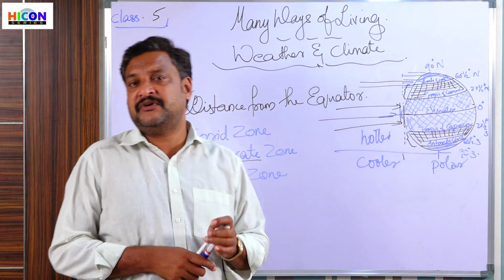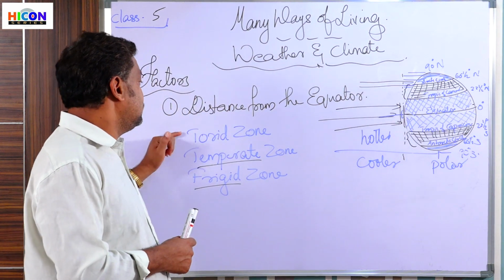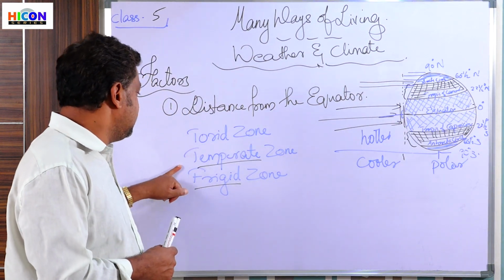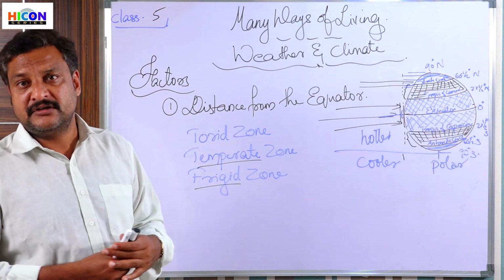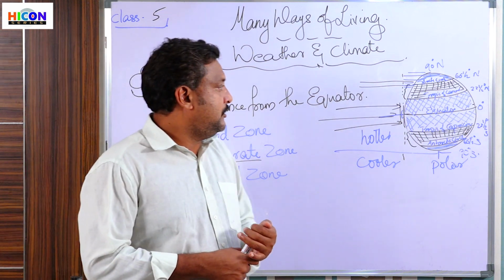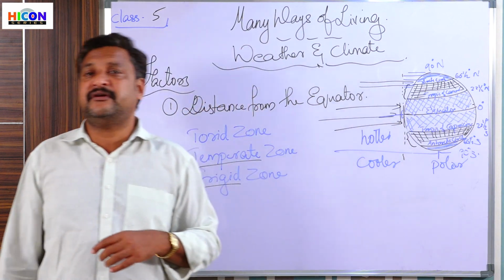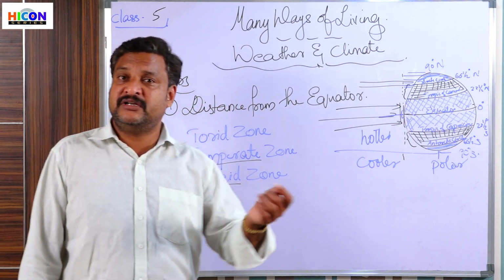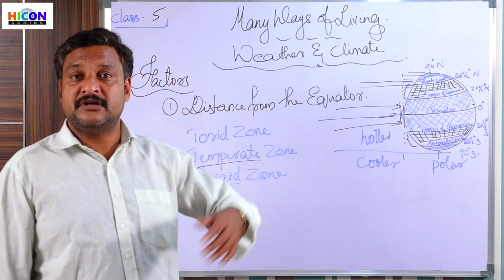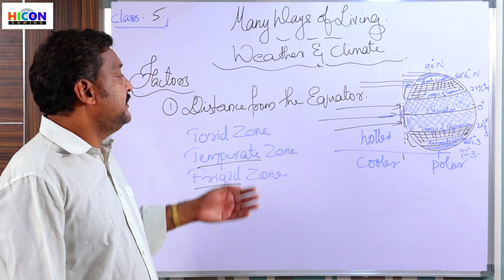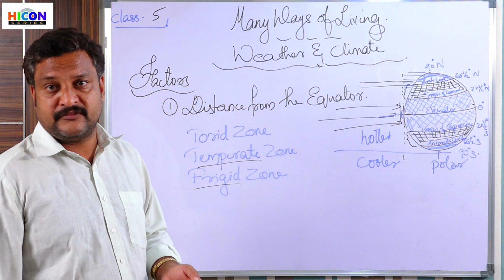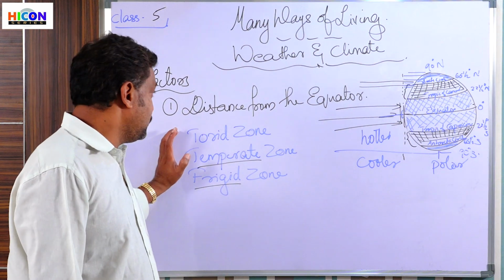So based on this, we have three climatic zones: the torrid zone, the temperate zone, and the frigid zone. Between the Tropic of Cancer and the Tropic of Capricorn, the 23.5 degrees north and 23.5 degrees south latitudes along the equator, is the hottest region, which is called the torrid zone.